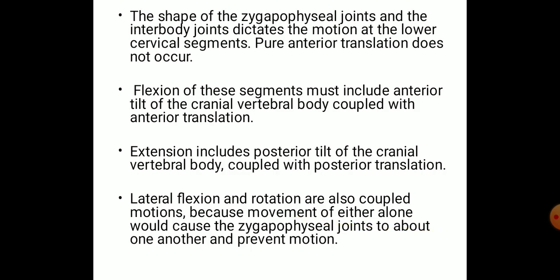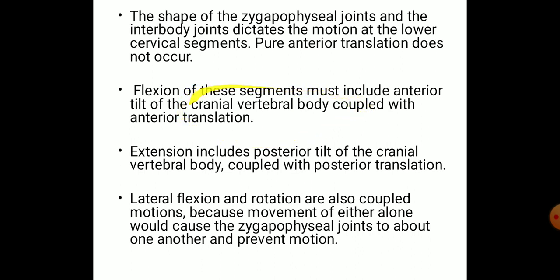The shape of the zygapophysial joints and the interbody joints dictates the motion at the lower cervical segments. Pure anterior translation is difficult to have. Flexion of these segments must include anterior tilting of the cranial vertebral body coupled with anterior translation. So whenever we try for flexion, there should be an anterior translation of the cranial vertebra. The cranial vertebra means the superior vertebra.